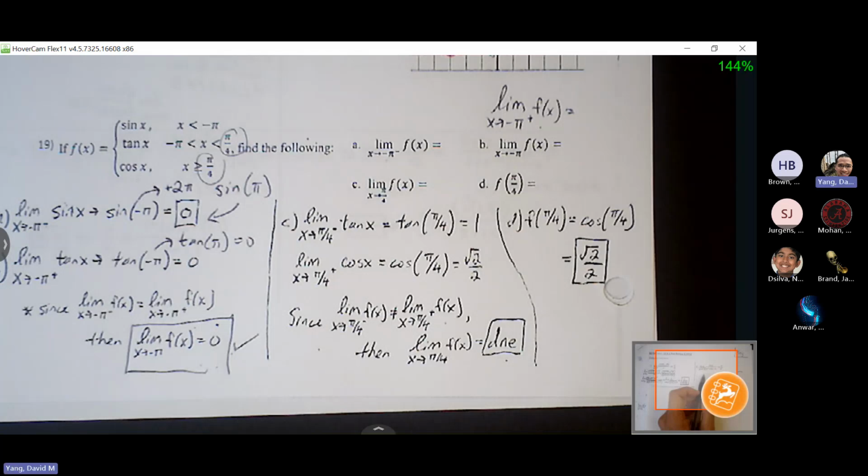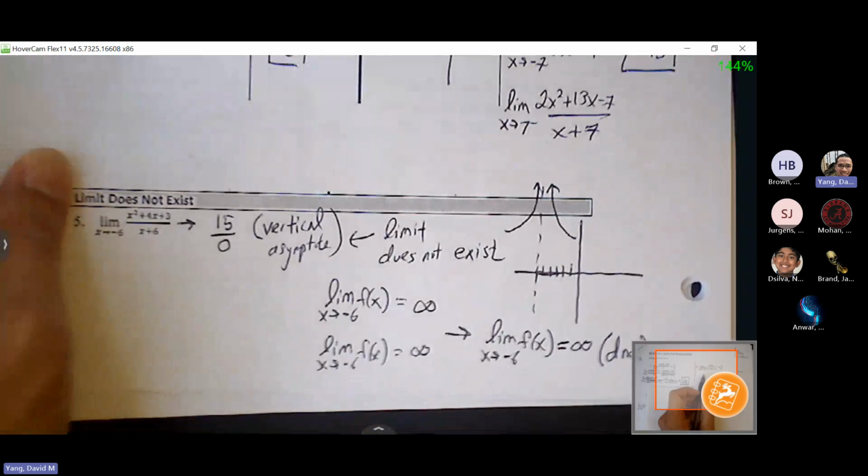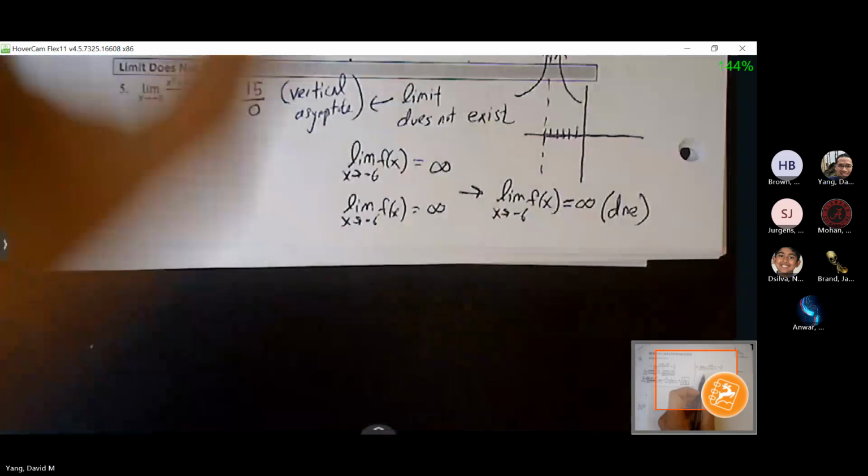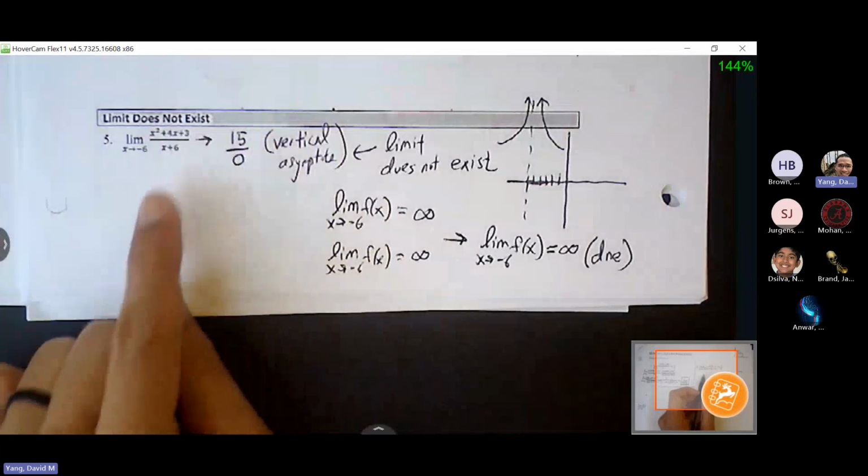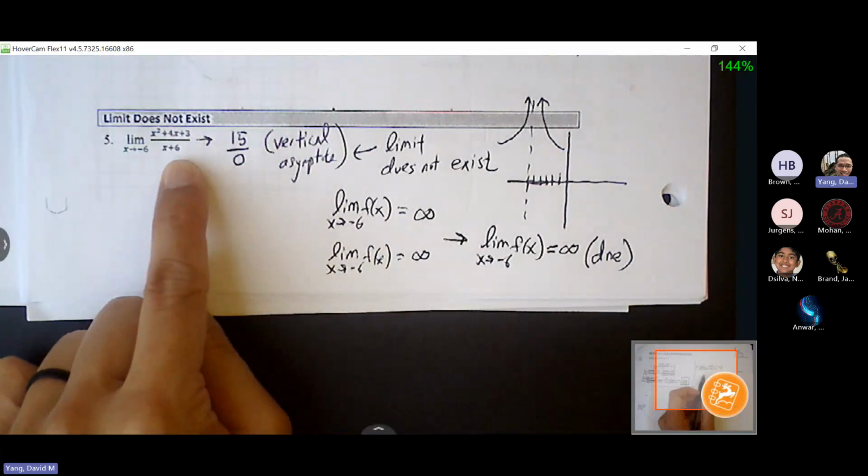You don't have to be approaching left or right for it to be positive and negative infinity. It's approaching a whole number. Oh, I was testing it from both sides, because it has a vertical asymptote, so I was doing negative 6.1 for the left, and that gives you a negative on the bottom. It does not exist.